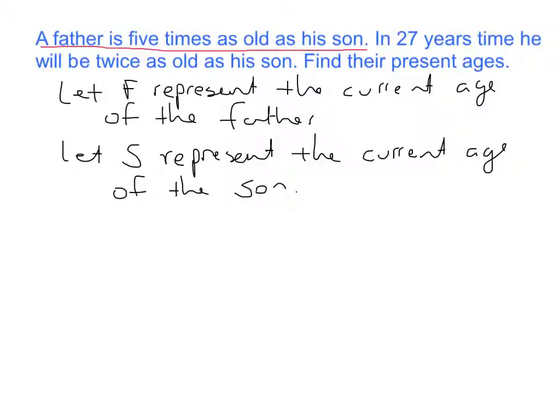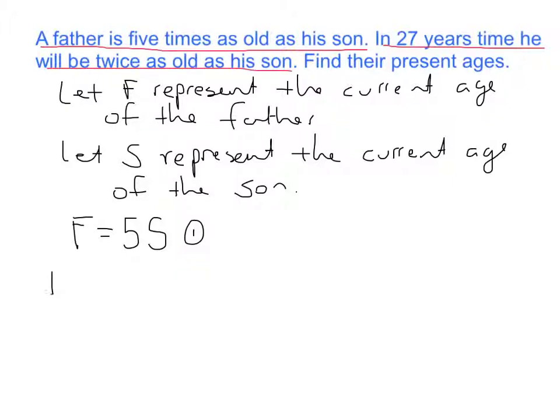So we need to define those variables at the start. So the first equation we get is a father is 5 times as old as his son. So that tells us that f will equal 5s. Now I need to be careful that my s's look different to 5s and not confuse them. The second equation that we have is in 27 years' time, he will be twice as old as his son. So we have our first equation here. For the second equation, we're talking about in 27 years' time.